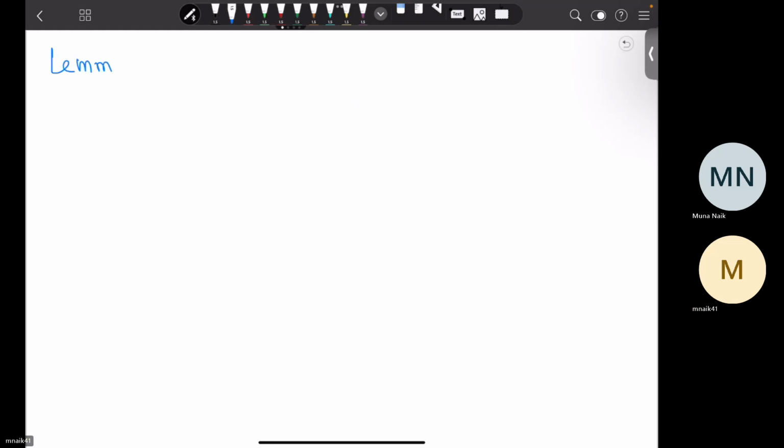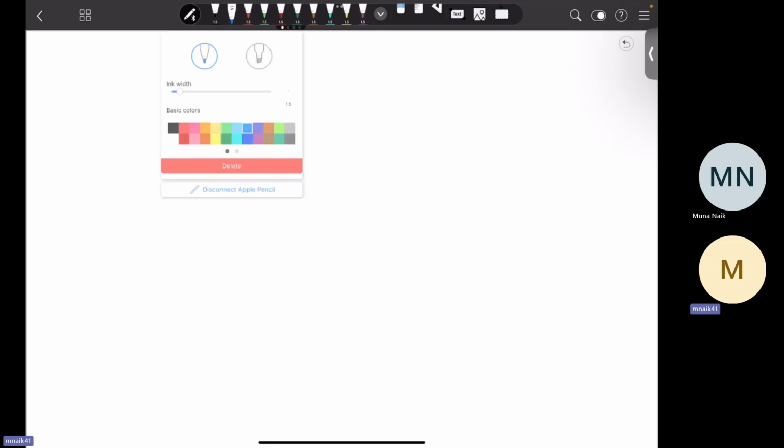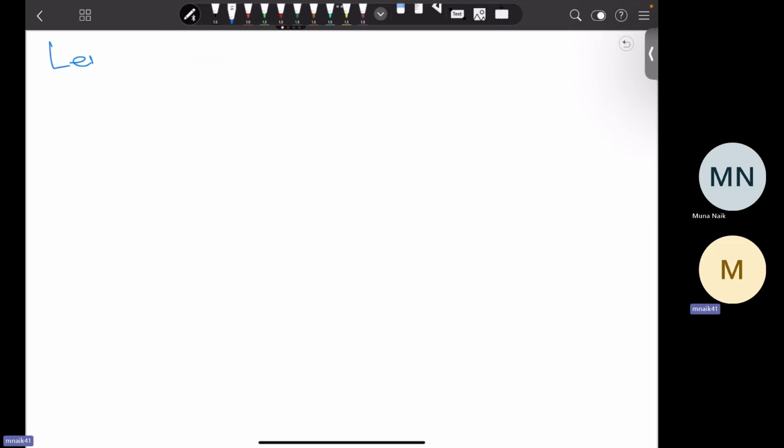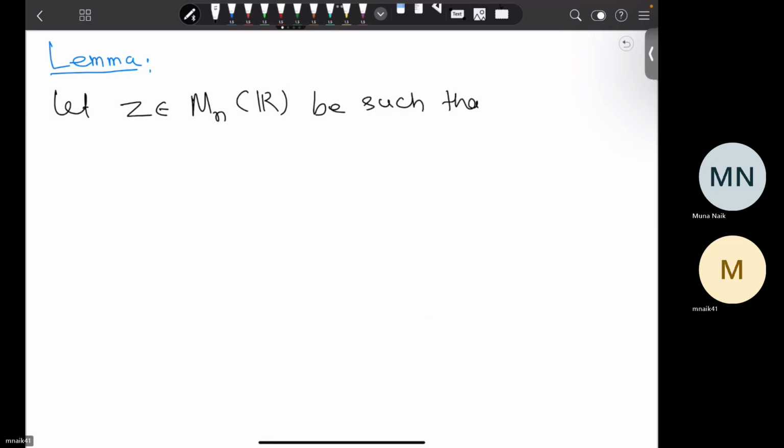First lemma, and its proof. Let Z belong to M n R, with operator norm of Z less than 1.